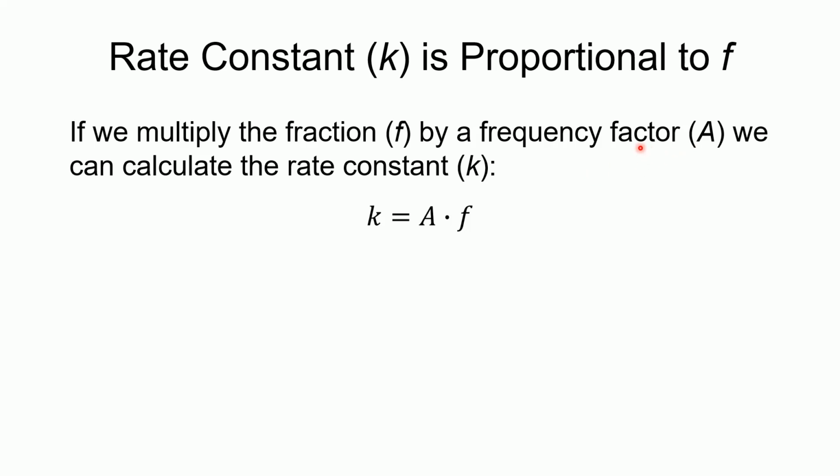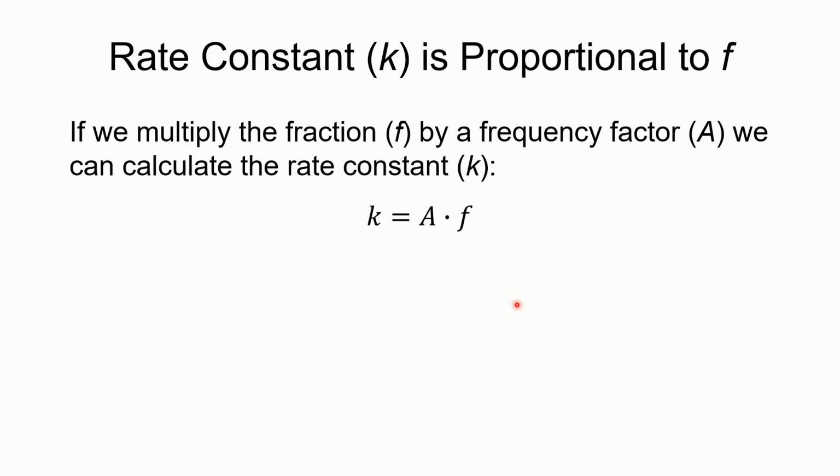It takes care of the orientation issue, how many molecules are actually oriented in the correct direction when they run into each other, and it also takes into account other issues that make it so that all the math works out. So it's really a big fudge factor, but we don't worry about it because it gets sorted away without much of an issue.